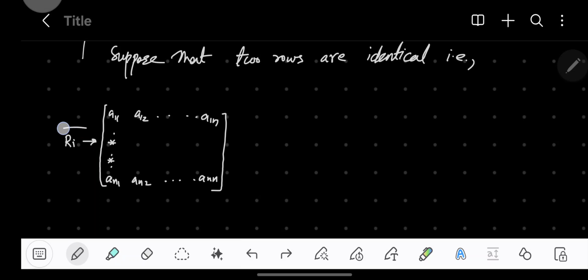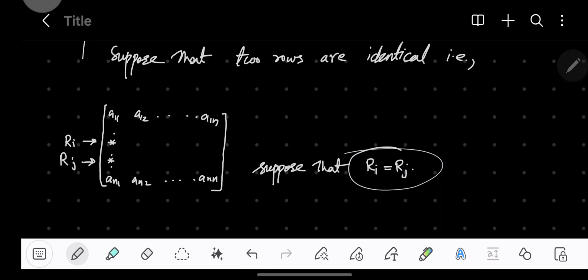Suppose that at the ith position there is a row Ri, and there is another row at the jth position which is Rj, and we suppose that these two rows are identical. What does that mean? Ri and Rj are the same. This is what we are going to suppose, and we have to prove that the determinant of this matrix is 0.